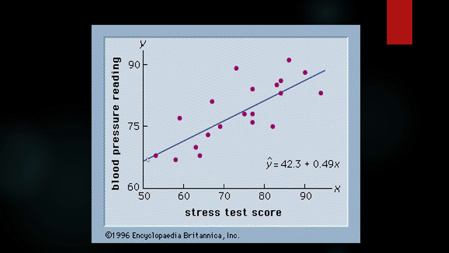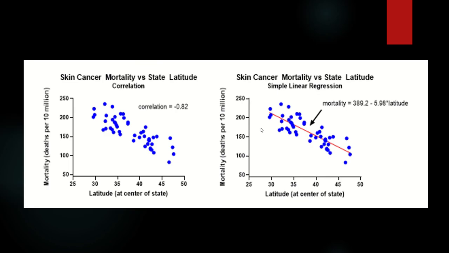You can see that if we try to draw a line here, we can draw a line approximately upwards. This means that there is a positive relation.